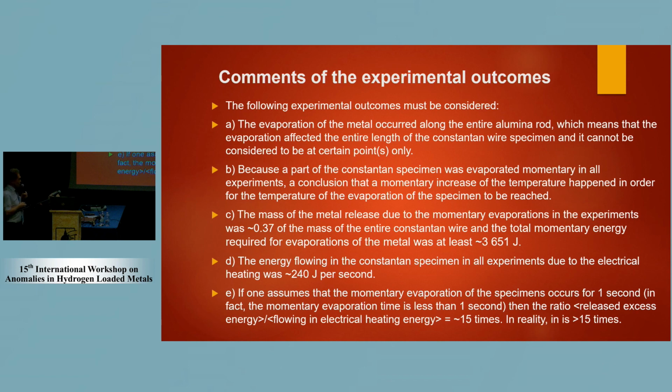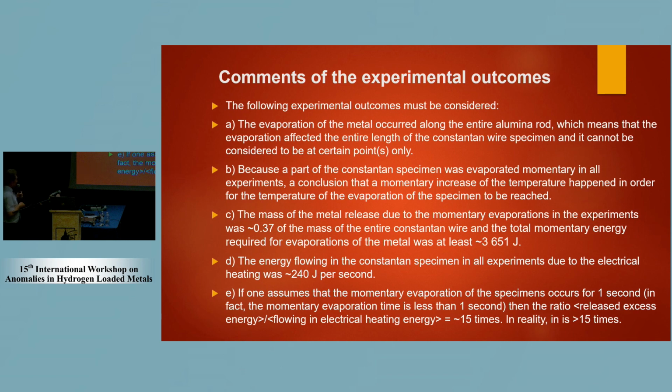It goes along the entire wire. The next comment: because part of the constantan specimen was evaporated momentarily in all experiments, the conclusion is that a momentary increase of the temperature happened in order for the evaporation temperature of the specimen to be reached.